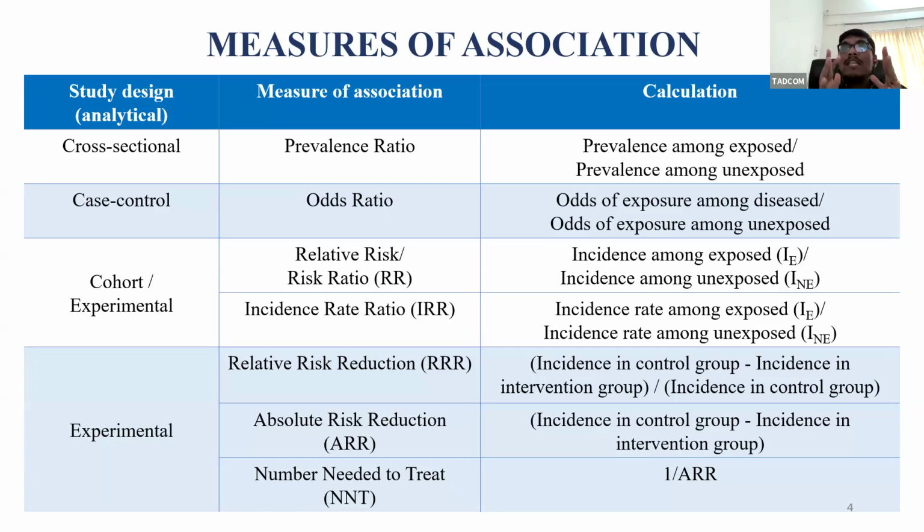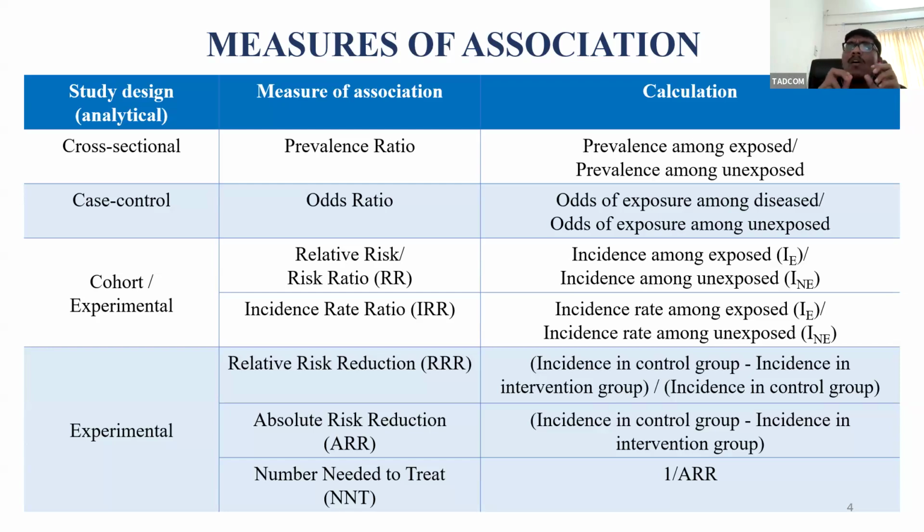Based upon that, the inference we give from the odds ratio is, if odds ratio is 2, cases have 2 times higher odds of being exposed when compared to controls. That is the inference we give.